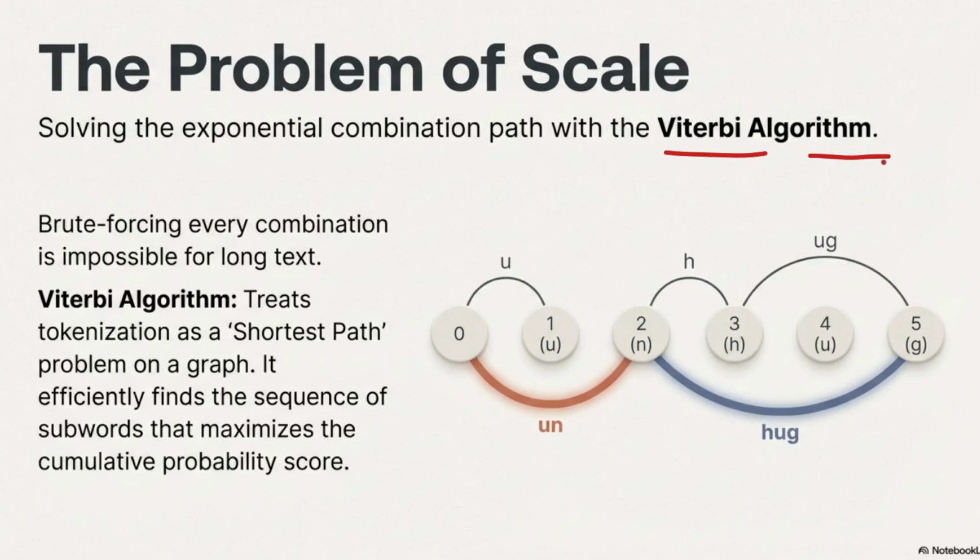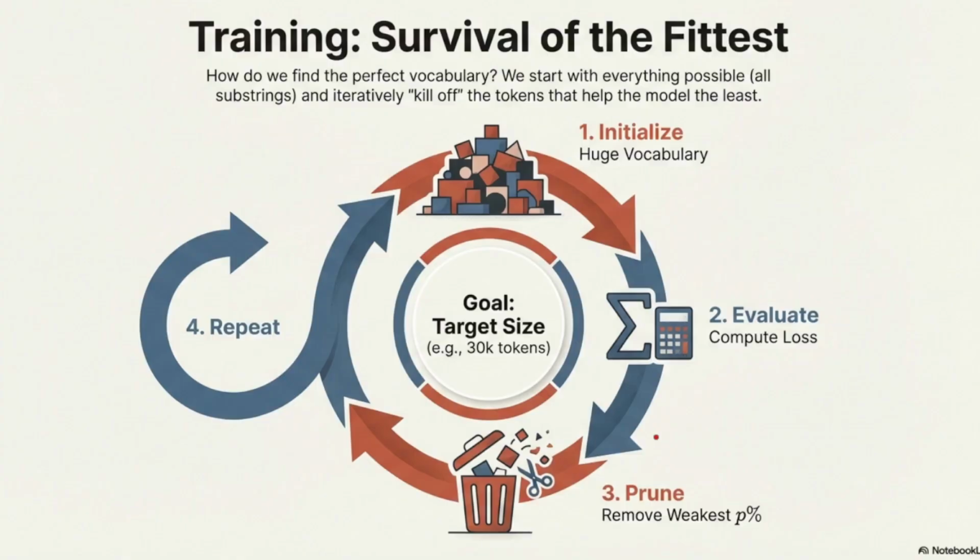We usually visualize the word as a graph where branches connect characters if a subword exists between them. The algorithm is a dynamic programming algorithm that moves from the beginning of the word to the end, keeping only the best scoring segmentation that ends at each position. This allows us to find the optimal path without checking every single combination.